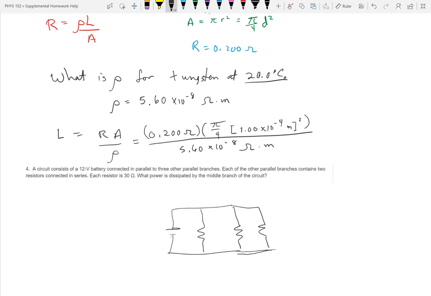Okay, that's correct. So we have a 12-volt battery. Each of the other parallel branches contain 2 resistors connected in series. So each branch has 2 resistors, not 1. So we have to replace that.